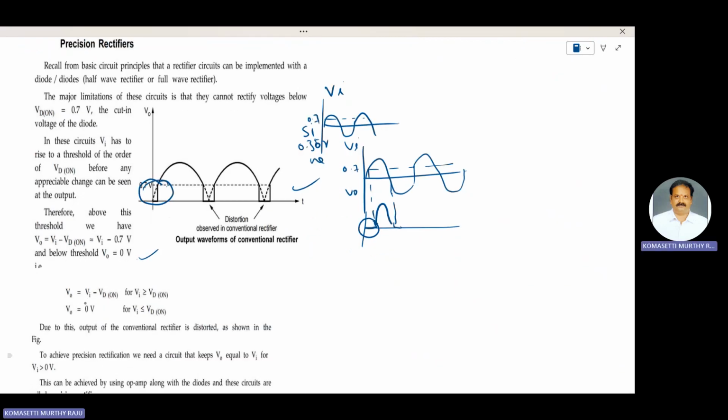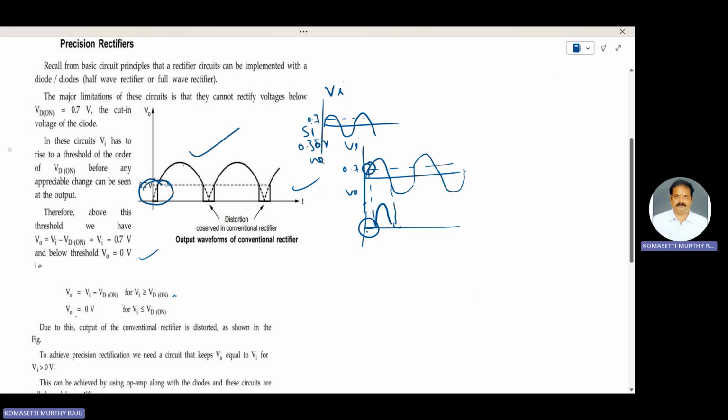V naught, the output voltage of the rectifier, is equal to Vi minus VDR for Vi greater than VDR. V naught is equal to 0 volts for Vi less than VDR. Due to this, the output of the conventional rectifier is distorted as shown in the figure.